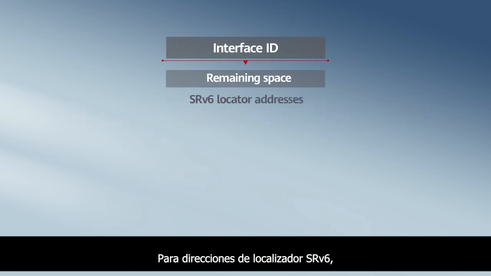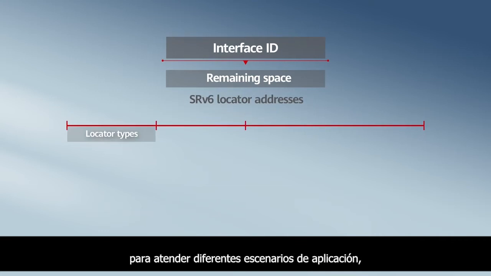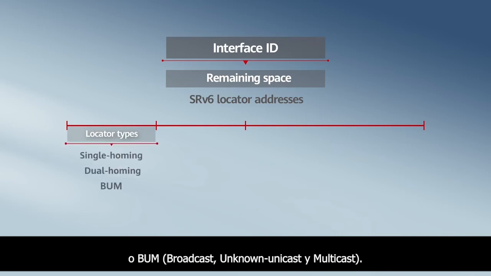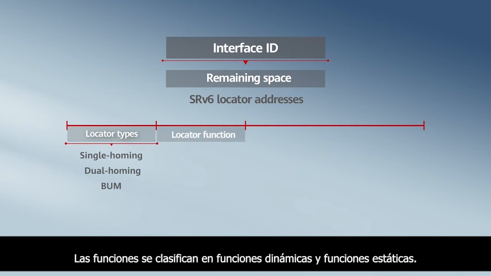For IPv6 locator addresses, the locator type needs to be planned in the remaining space to cater for different application scenarios, like single homing, dual homing, or BUM. Currently, the allocated locators vary according to scenarios and need to be isolated. The following part is the locator function. Functions are classified into dynamic functions and static functions.